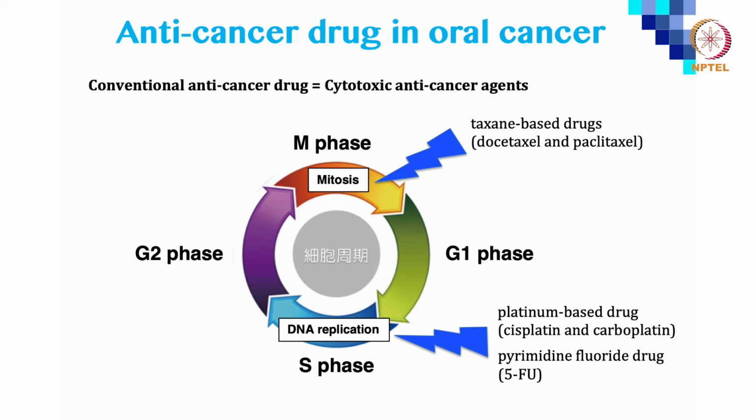Platinum-based drugs and pyrimidine fluoride drug suppress DNA synthesis. Taxane-based drugs disrupt microtubule function via preventing depolymerization in mitosis.